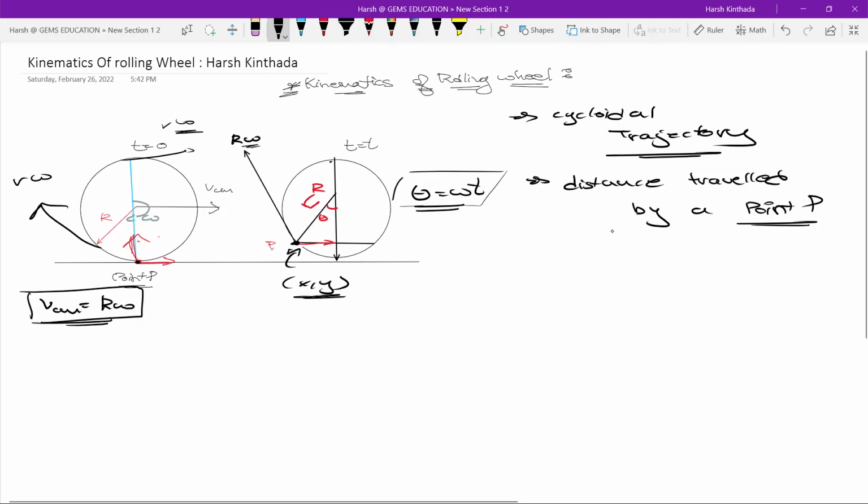If this point P is x, y, then this distance over here will be the y coordinate, which means if this is r, this one over here will be r sine omega t.